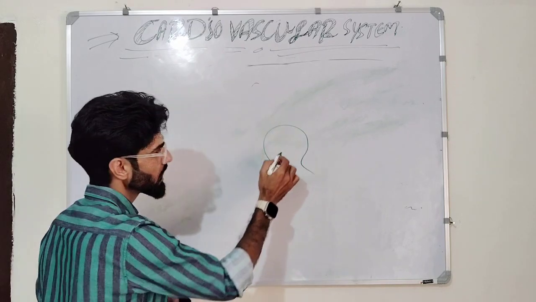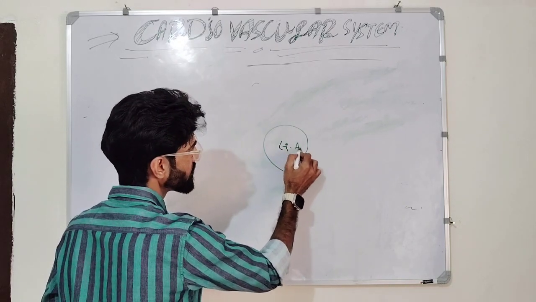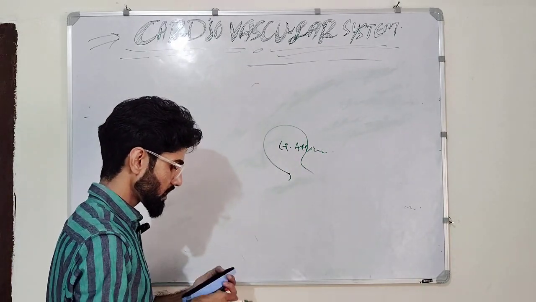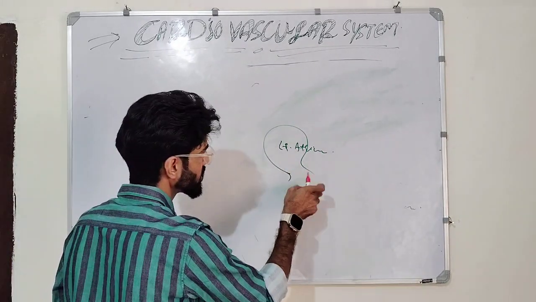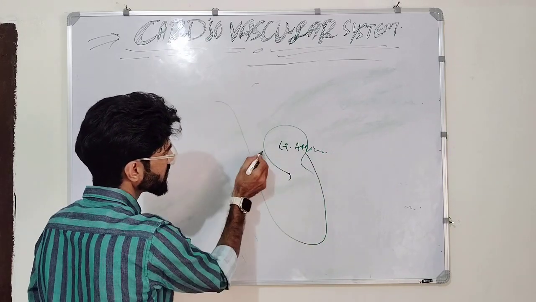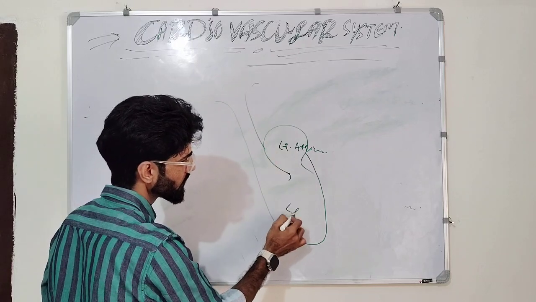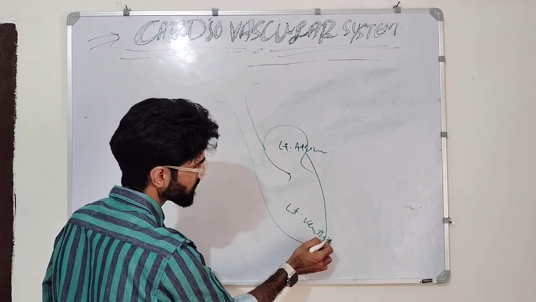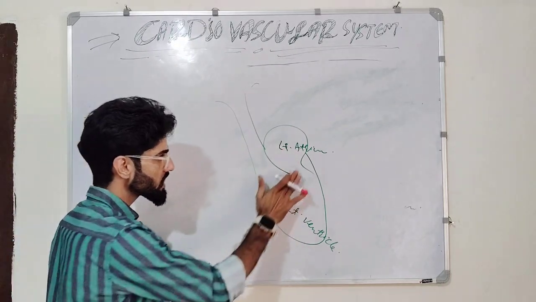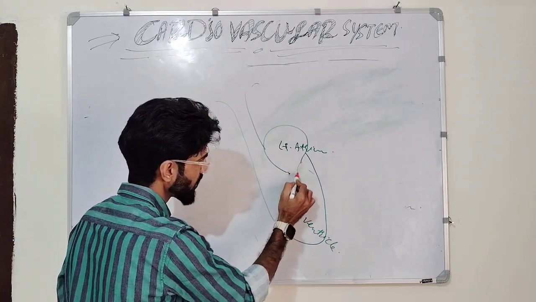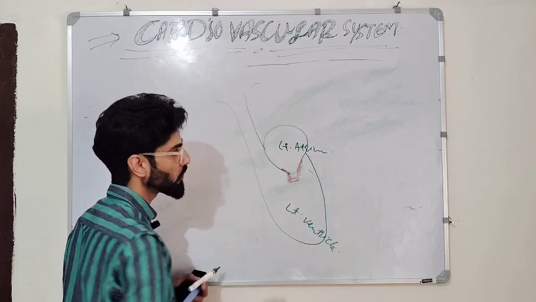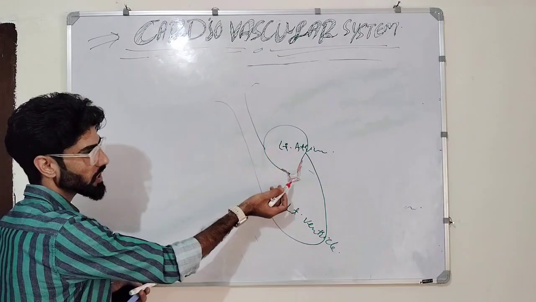This is the left atrium, and this is the left ventricle. And in between the left atrium and left ventricle, which valve is there? I will make it a different color. There is the bicuspid valve. So this is an input valve.